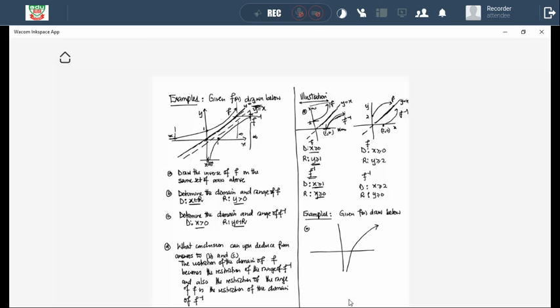This is your f and that coordinate is 1. Then they are saying, draw the inverse of the above function on the same set of axes. How do I do that?